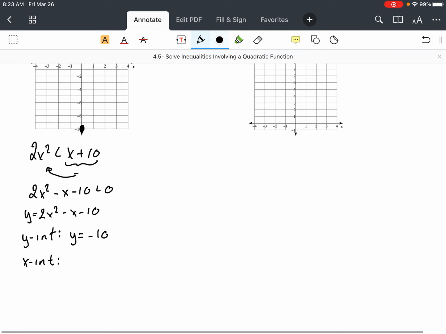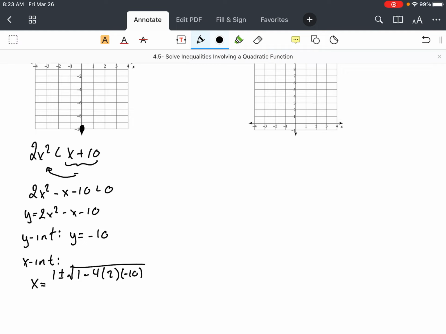Okay, then for my x-intercepts, if you're not comfortable with factoring by grouping, I'm going to use the quadratic formula this time. So x equals negative b, so this would be 1, plus or minus the square root of b squared, so 1 minus 4 times a, which is 2, times c, which is negative 10, all over 2 times a, which is 2 times 2.